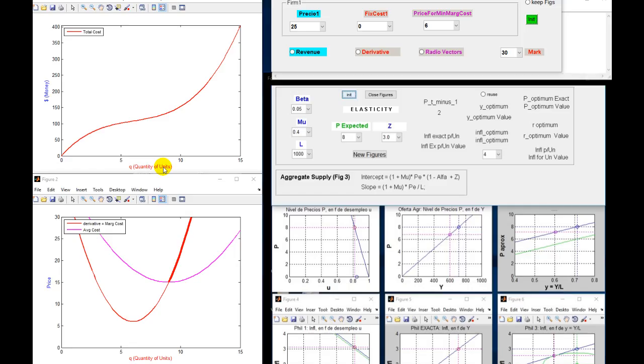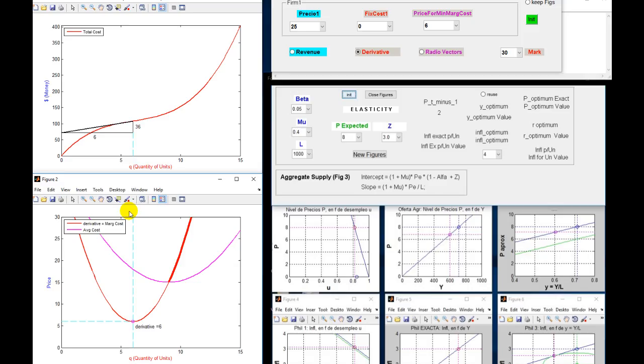So if we want to calculate the marginal cost or derivative at, let's say, 6 at this point, then what we have to do is take the tangent at this point, and then we have 36 divided by 6 is 6, so the derivative at this point is 6.